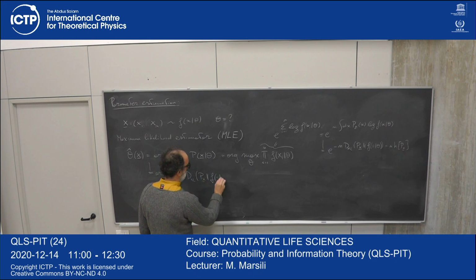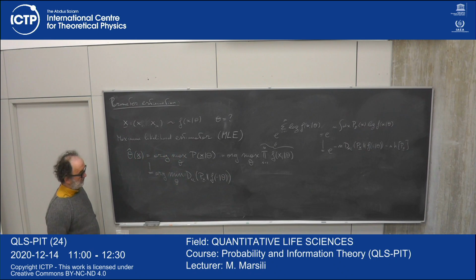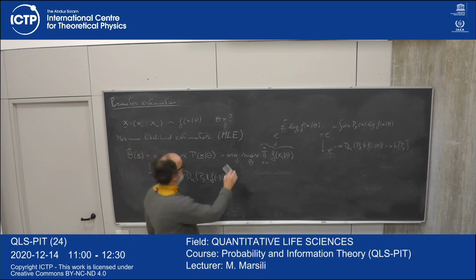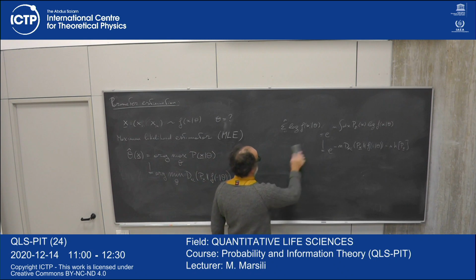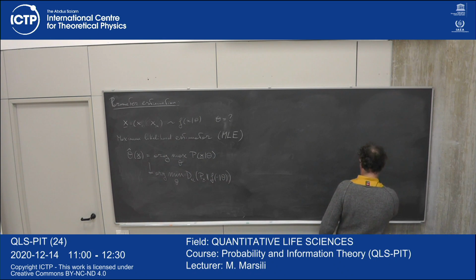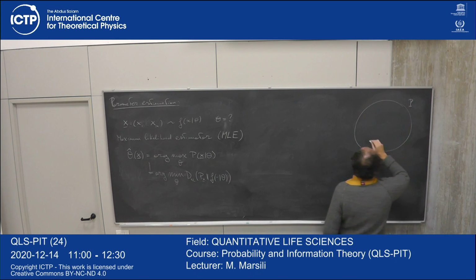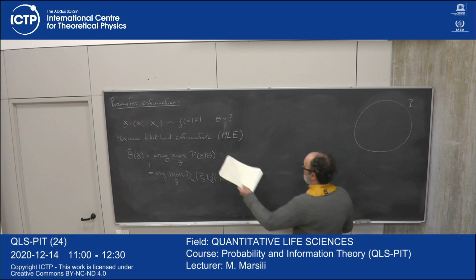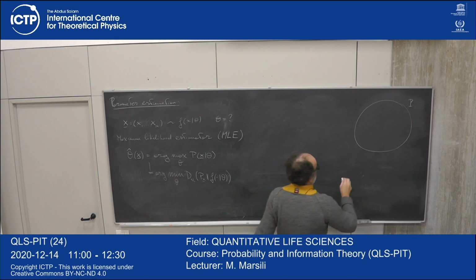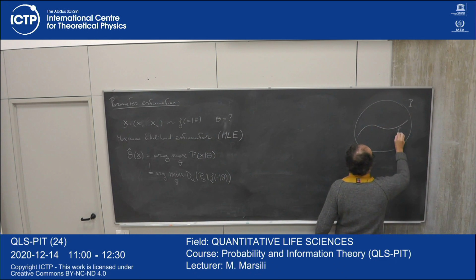It's the same problem that we have discussed before. So again, if you have your space of probability distributions, then this parametric family will be a manifold in this space, which is parameterized by theta.